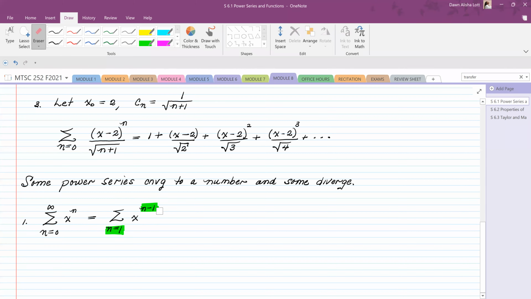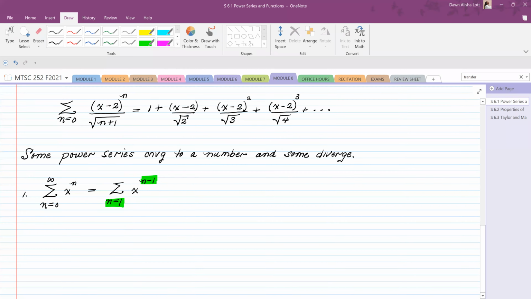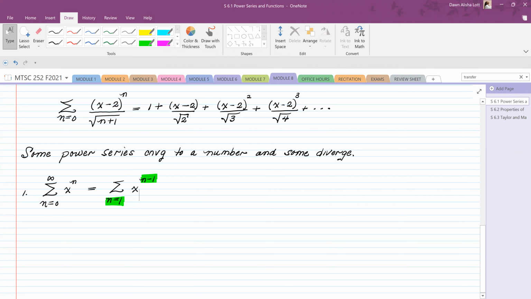So this series, if you recall, has a name. What is that series? Is it the geometric? It certainly is. This is a geometric series. And I know when a geometric series converges.